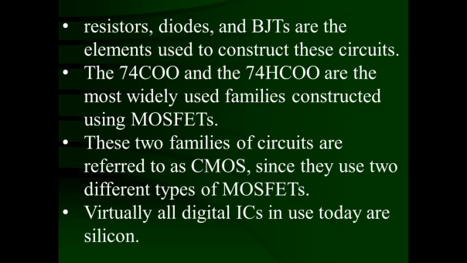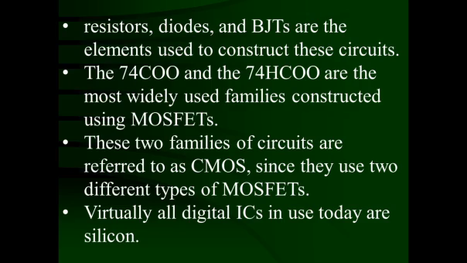Resistors, diodes and BJTs are the elements used to construct these circuits. The 74C00 and 74HC, HC meaning high speed CMOS, 00 are the most widely used families constructed using MOSFETs.